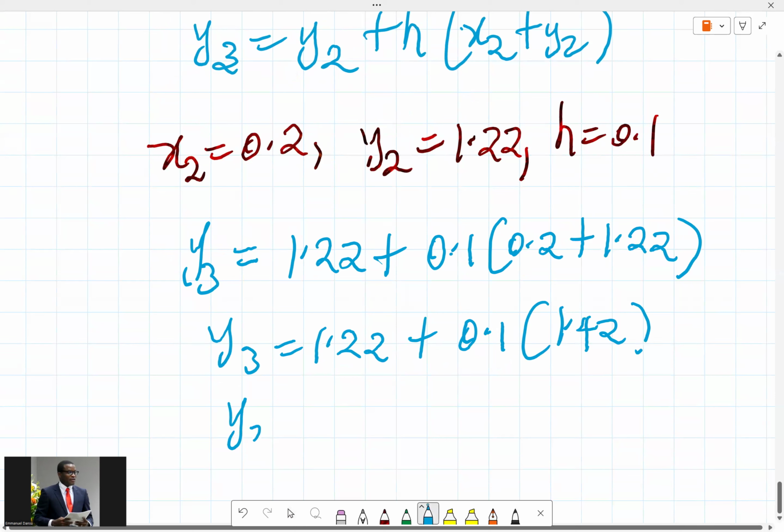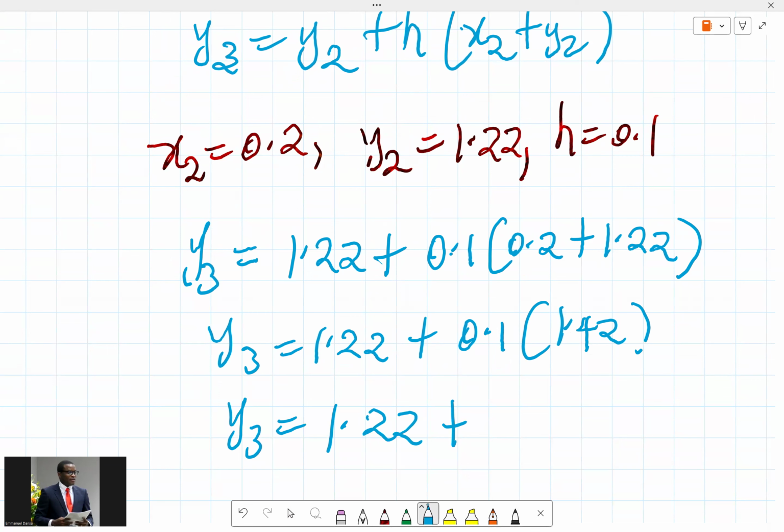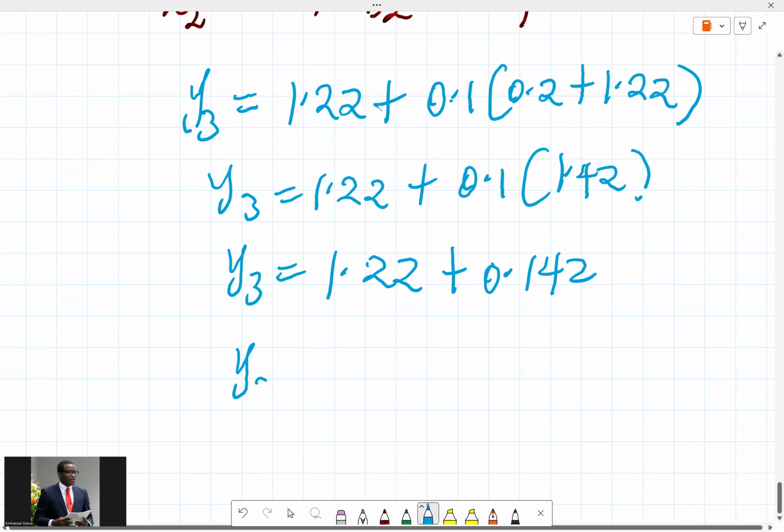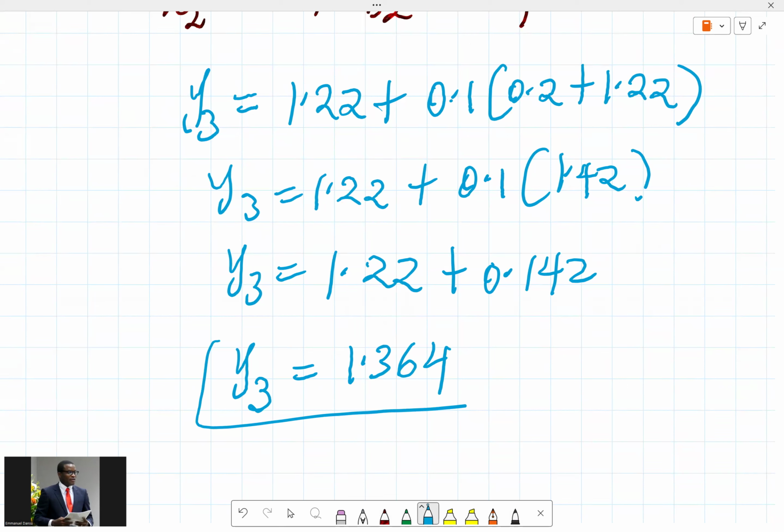So y3 is equal to 1.22 plus 0.1 times 1.42, which is 0.142. If we add all that, y3 is 1.364.